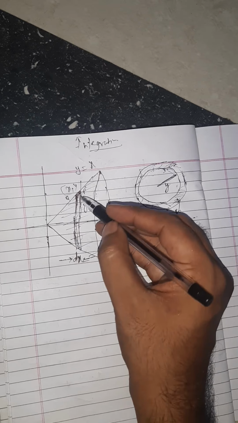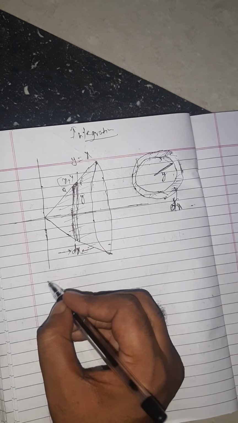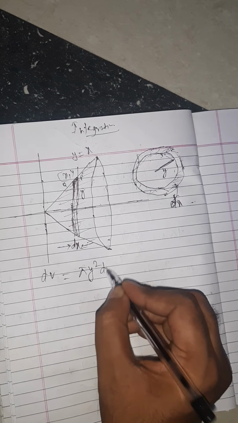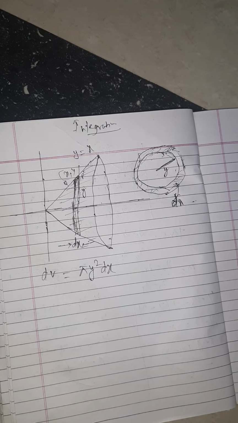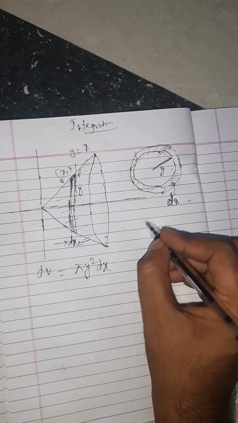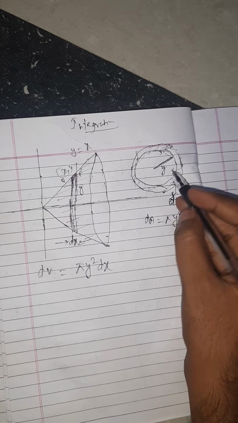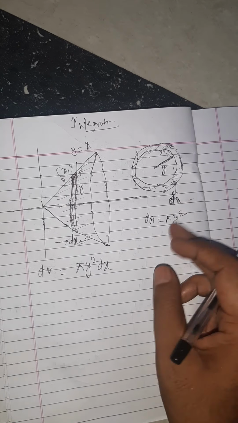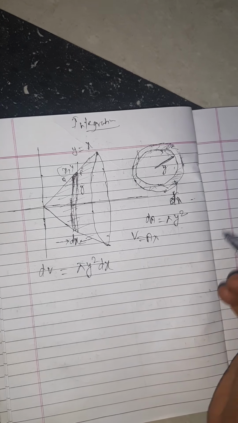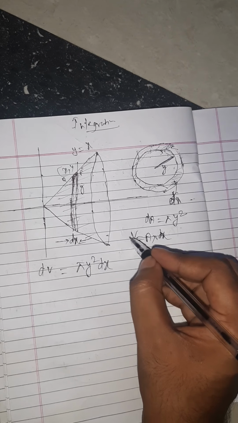If you see, your volume of this little disc is going to be pi y square dx, because pi r square, the area dA, is going to be pi y square, and the volume is the area of the base times the width or height, which I am taking here as dx.